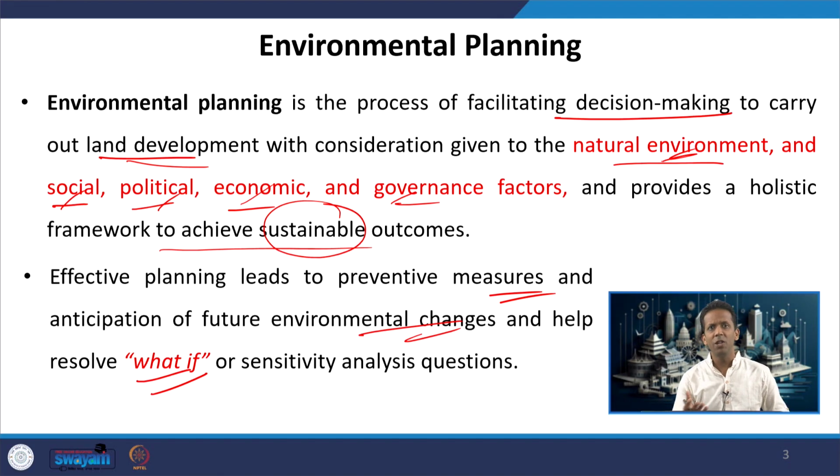That is the main intention behind environmental planning: to foresee future things which may happen because of errors or mistakes in either technology or human operation, and to be ready for those situations. So, that comes under what if or sensitivity analysis.